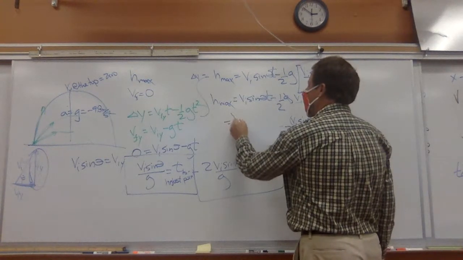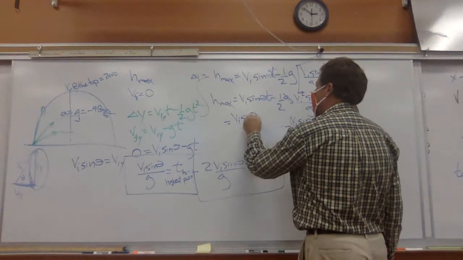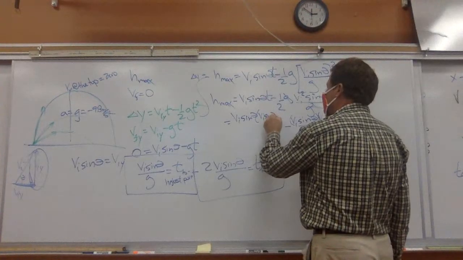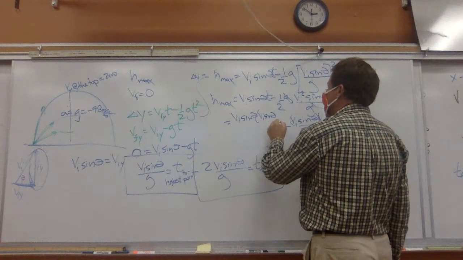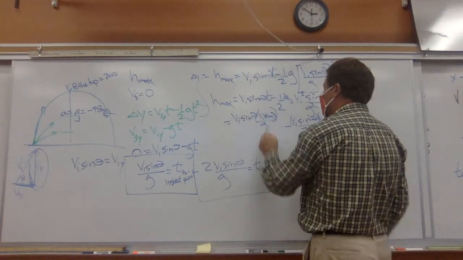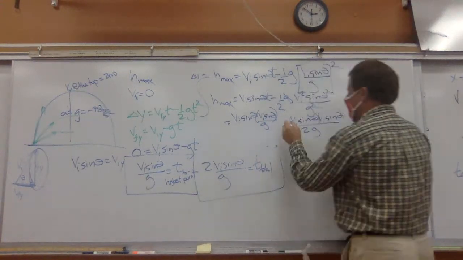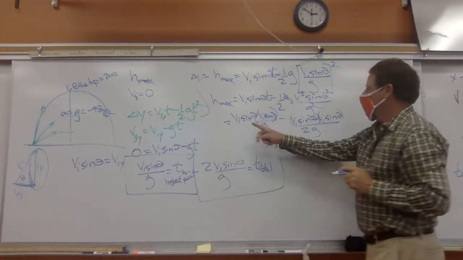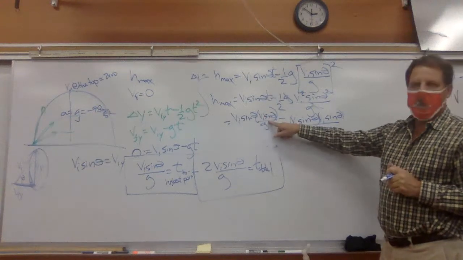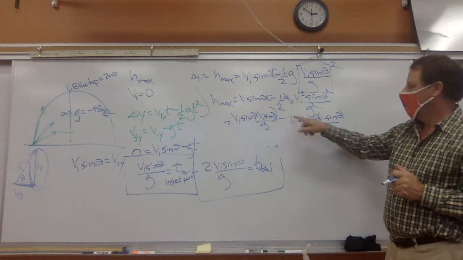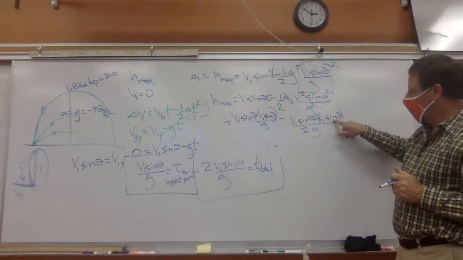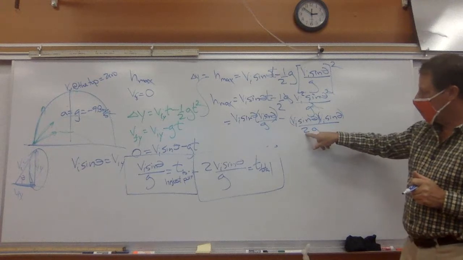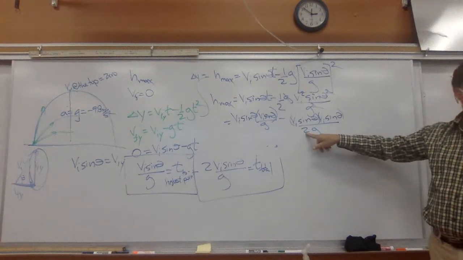So now we're going to have VI sine theta times VI sine theta over G, and that's not squared, and that's going to be minus VI sine theta times VI sine theta all divided by G, but notice that this is essentially a half.